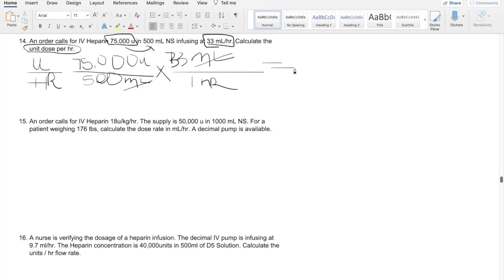So now I'm just going to times 75,000 by 33, which is going to be all the top, and I'm going to divide the top by the bottom, which is going to be 4,950 units per hour.